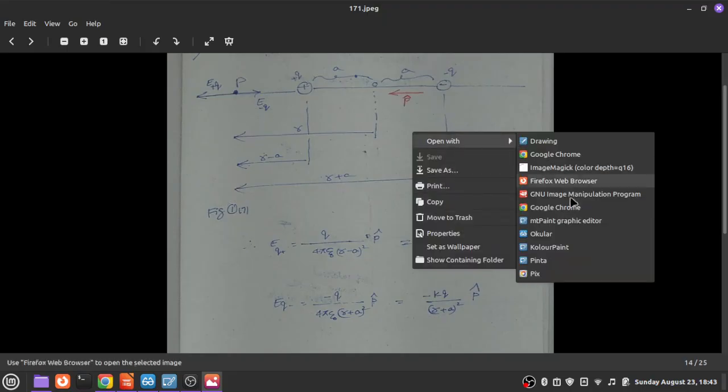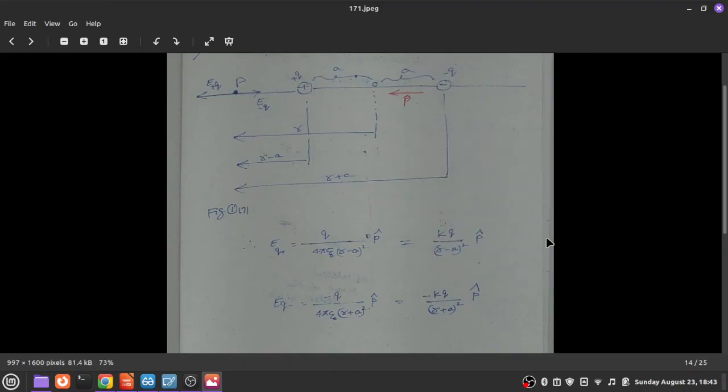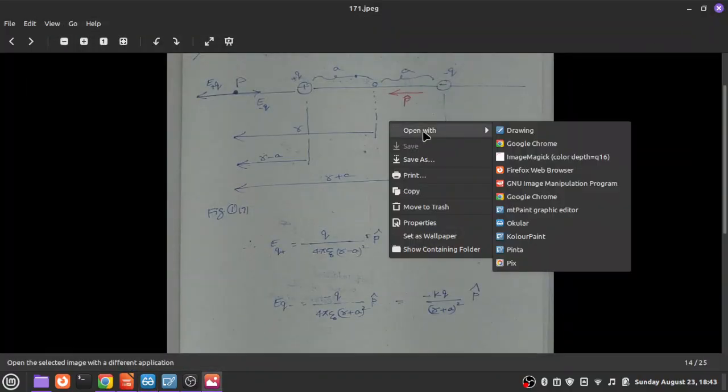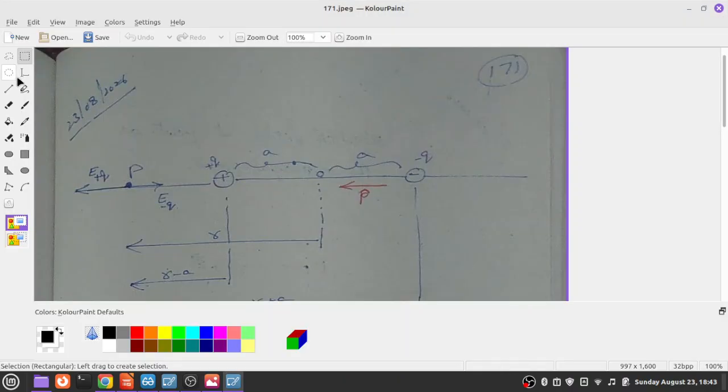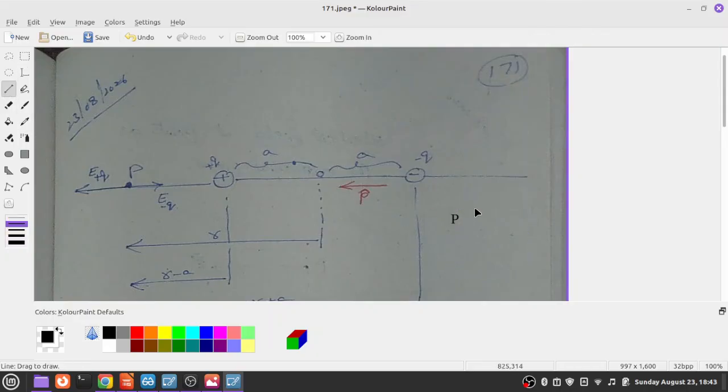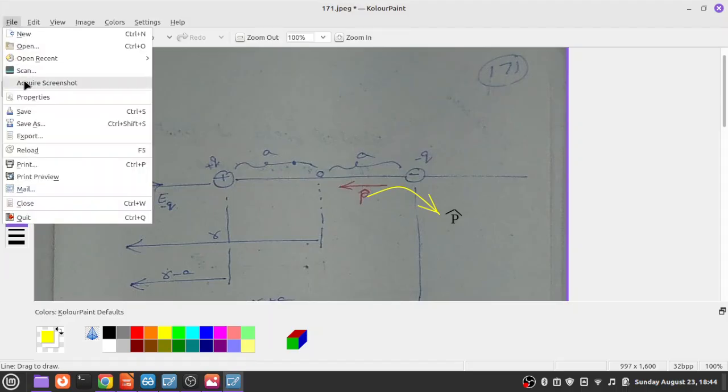Here I want to indicate this clearly. Okay, this is what I want to include.